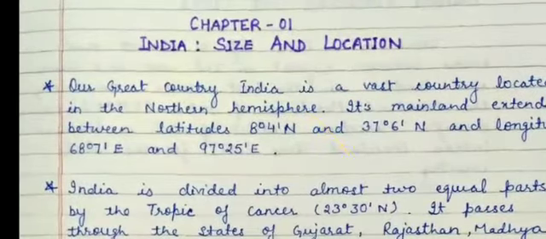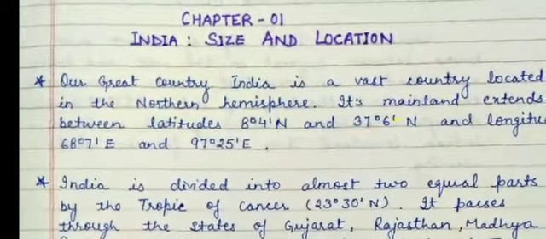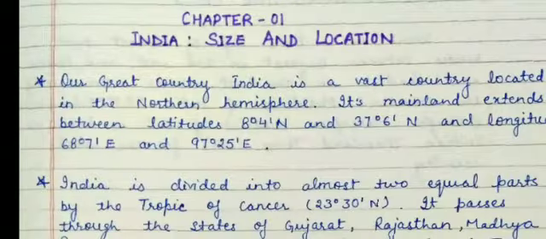Let's start the chapter India, size and location. India, which is our country, is a vast country located in the northern hemisphere. You all know that our earth is divided into two parts by the equator.